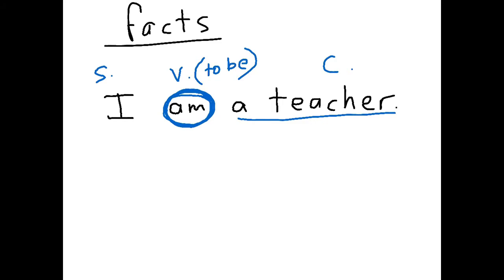Now the sentence I am a teacher, yes, I am a teacher, it does not change. This is a fact that Mr. Bedard is a teacher. So when we talk about a fact or something that does not change, something that is always true, it's the simple present. Another example of a fact: babies drink milk.